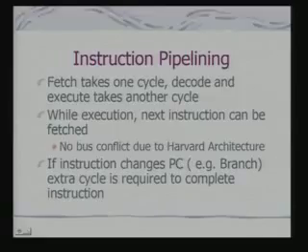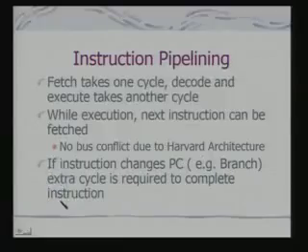So, effectively I have 1 instruction execution and 1 fetch overlapped. There can be more complex pipelining. When we look at more complex processors, you will have more complex architectures coming in place. And there are no bus conflicts because we essentially have Harvard architecture.